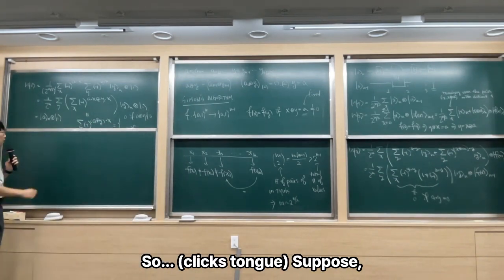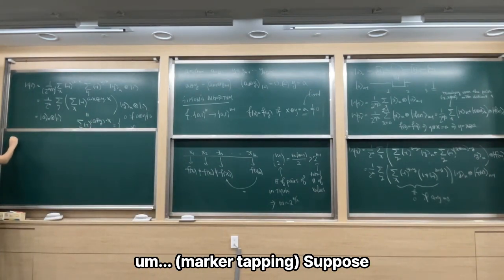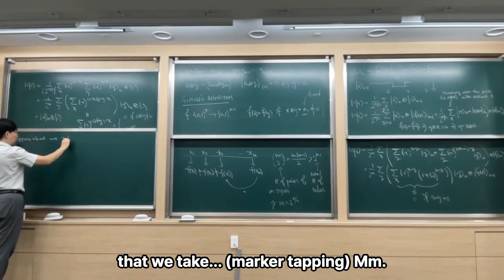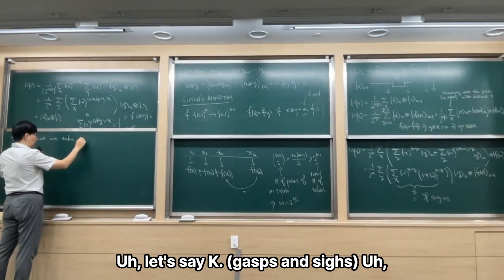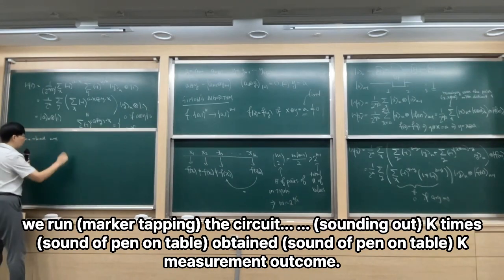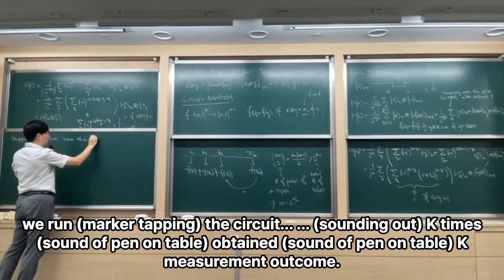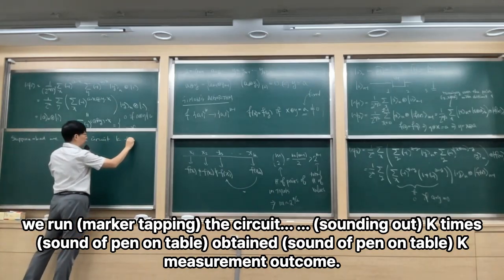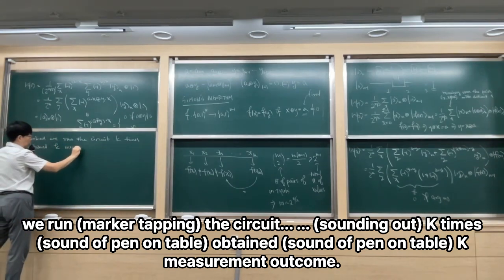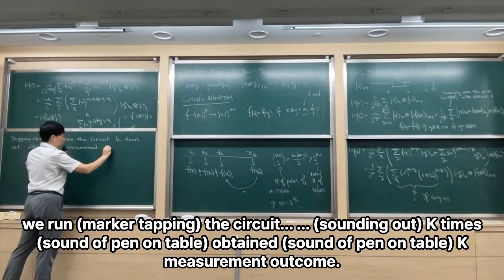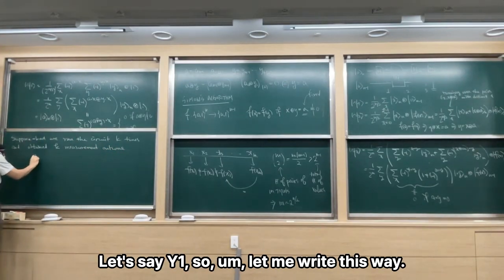So suppose that we run the circuit K times and obtained K measurement outcomes. Let's say Y1. So let me write this way.